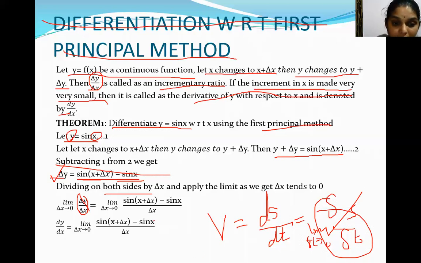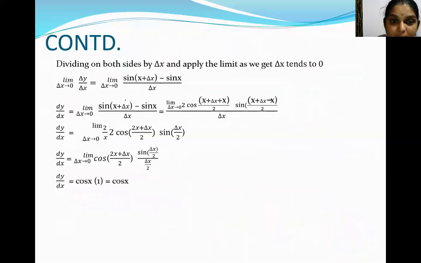Then sine of x plus delta x minus sine x divided by delta x, limit as delta x tends to 0. Then you will apply sine c minus sine d. What is the formula for sine c minus sine d? 2 into cos of (c plus d) by 2 into sine of (c minus d) by 2.